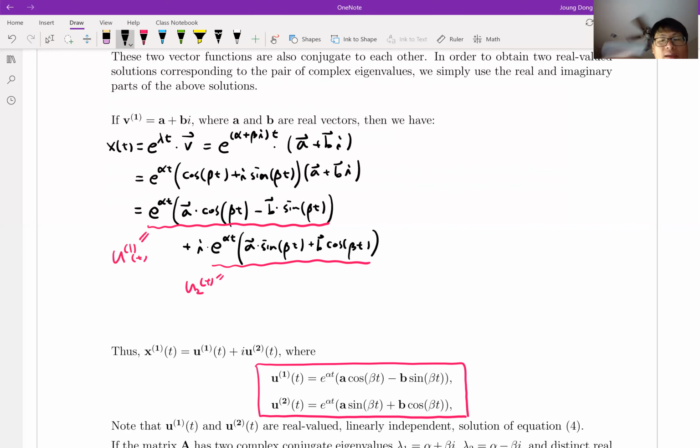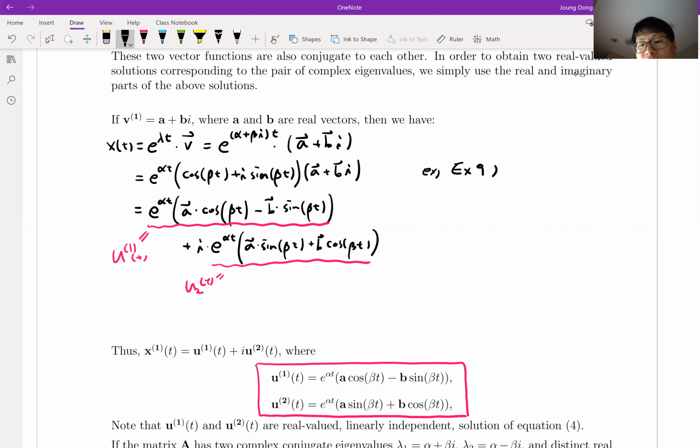In example 9, what was my eigenvalue lambda? It was minus 1 plus 2i.